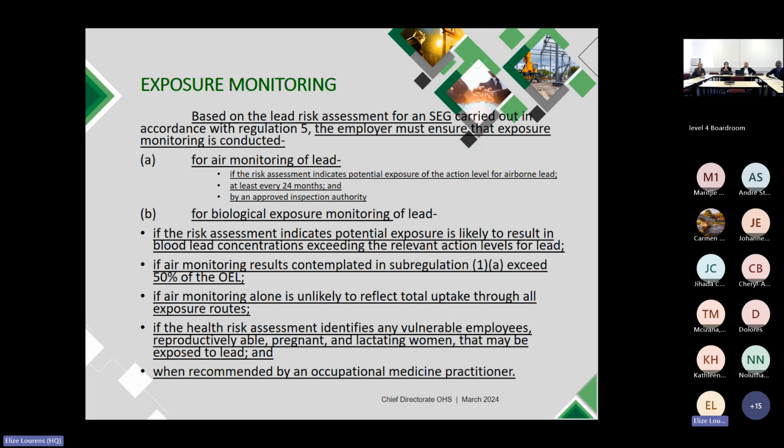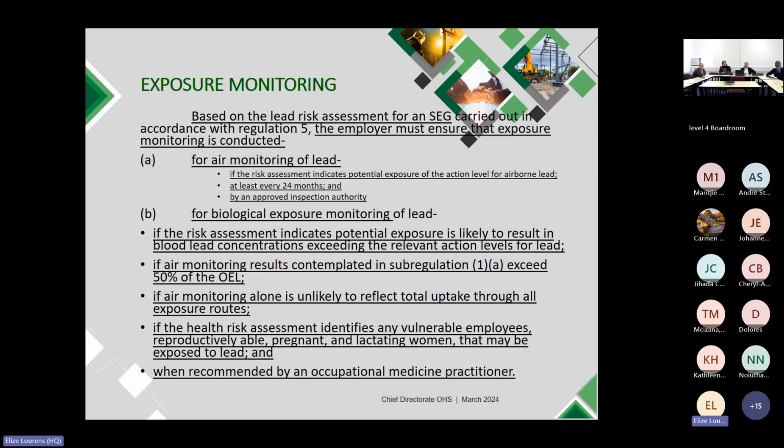So for air monitoring of lead, if the risk assessment indicates potential exposure at the action level for airborne lead, so remember that is 50% of the OEL, then we would want to trigger air monitoring. It must be conducted at least every 24 months, and it must be conducted by an approved inspection authority. So that is also very much as we have it in the current regulations.